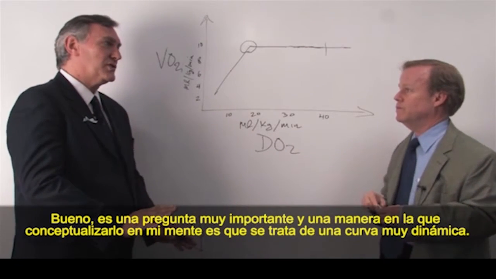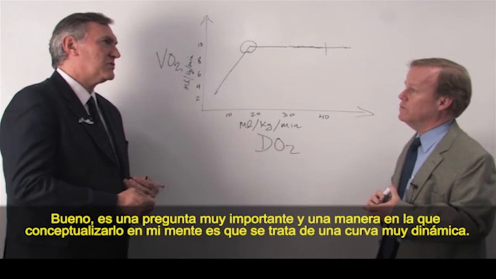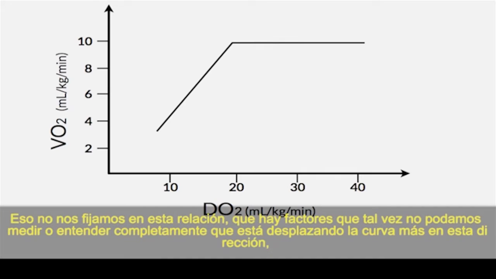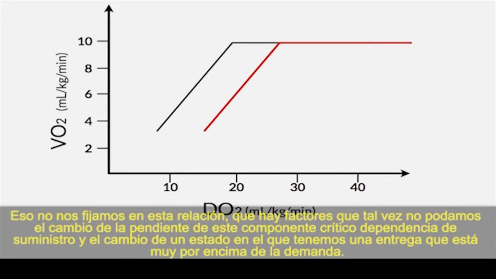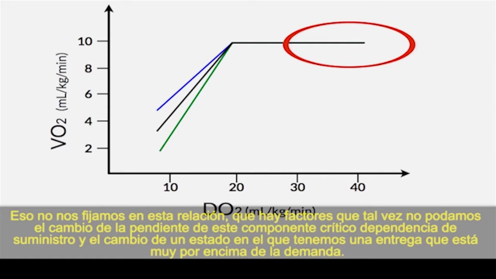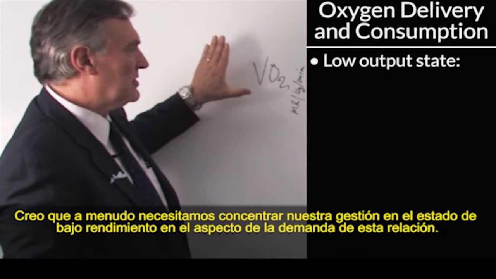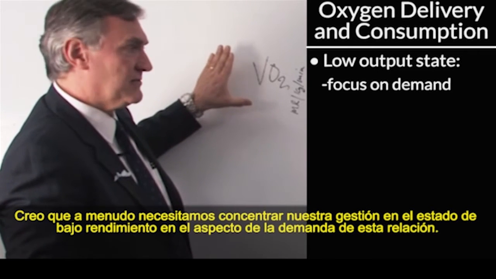Well, it's a very important question, and one way in which I conceptualize it in my own mind is that this is a very dynamic curve, that we're not fixed in this relationship, that there are maybe factors that we may not measure or completely understand that are shifting the curve further in this direction, changing the slope of this critical supply dependency component, and changing from a state where we have delivery that is well in excess of demand. I think we also need to concentrate our management in low output state on the demand aspect of this relationship.